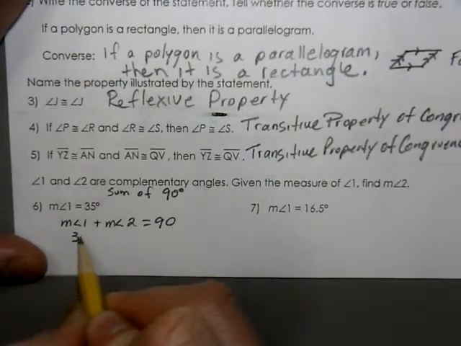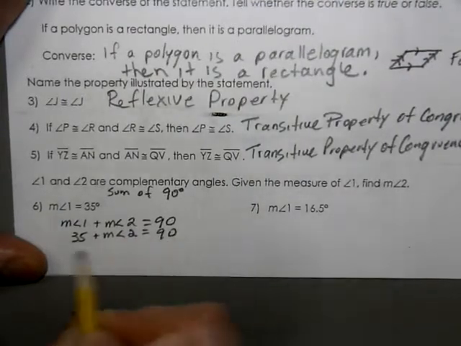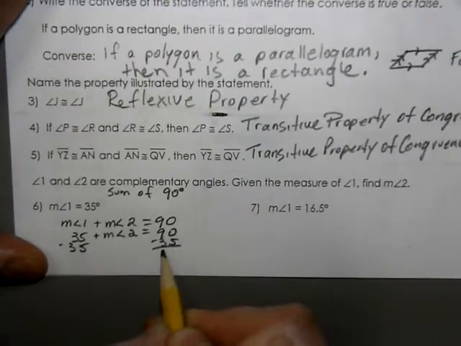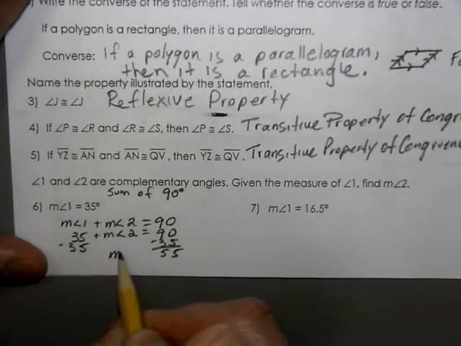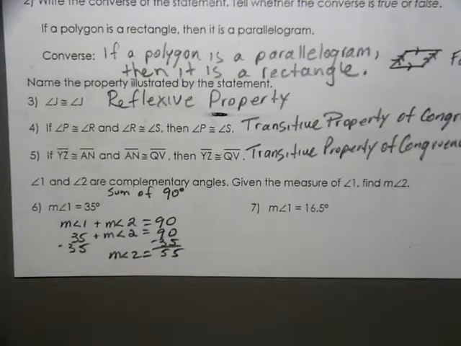If the measure of angle 1 is 35, what is the measurement of angle 2? Measure of angle 2 equals 55.